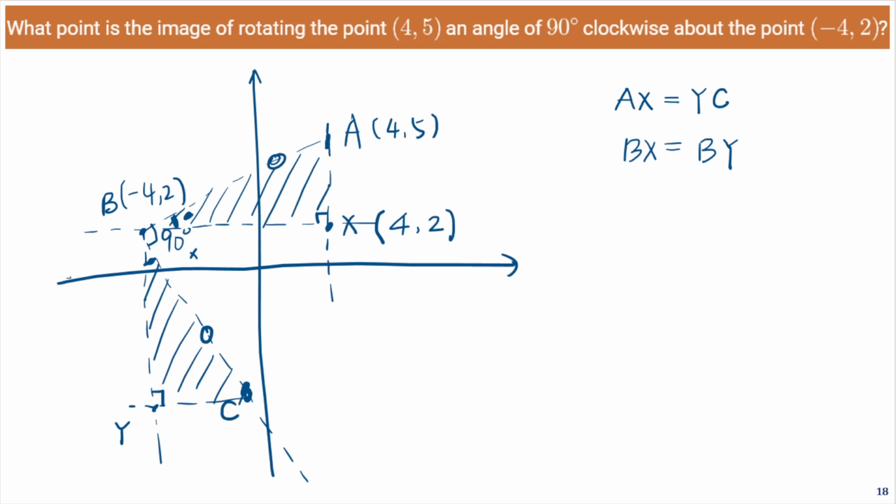The coordinate of Y is -4. Well, if BY equals BX, BX is 8, then we know the y coordinate of Y is 2 minus 8, which is -6, right?